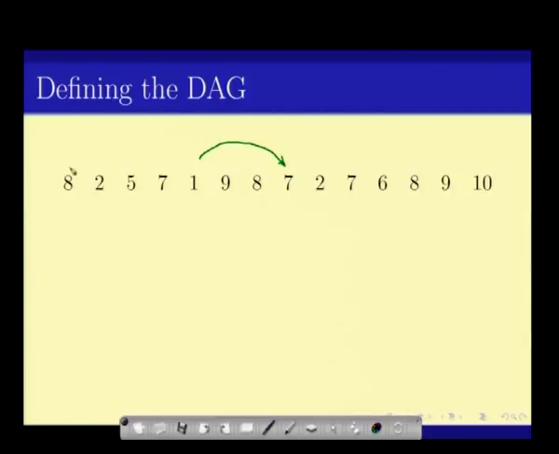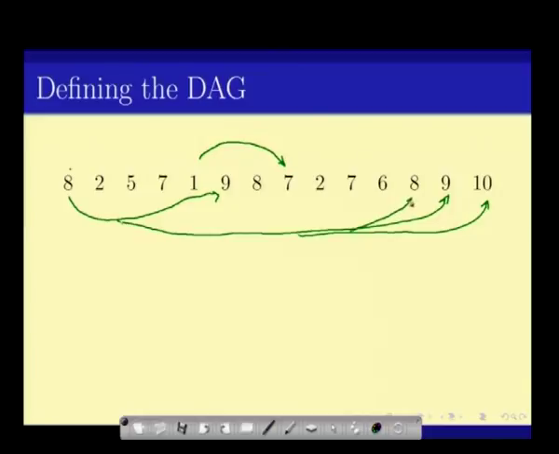So, from 8 I will draw an edge to 9, and I will also draw another edge to 10. I also have to draw an edge to 8. So, in other words, these are the numbers that are bigger than 8 and come after 8.